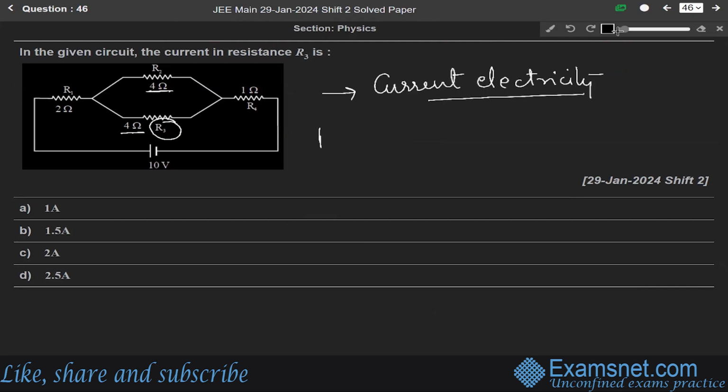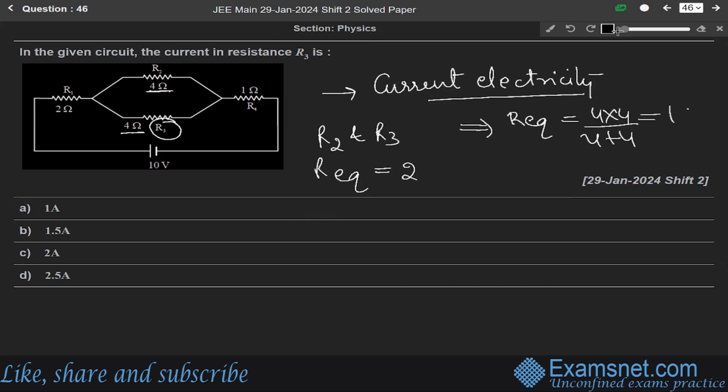So for this R2 and R3, the R equivalent will be 4 into 4 over 4 plus 4, means 16 over 8. So R equivalent will be 2 for R2 and R3.